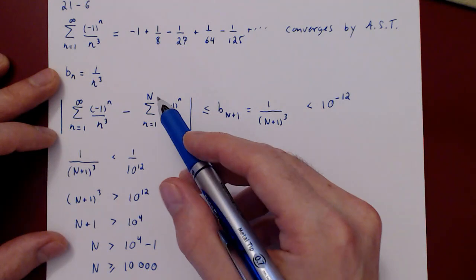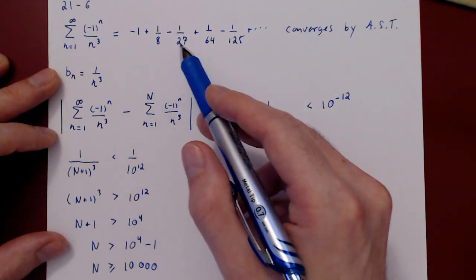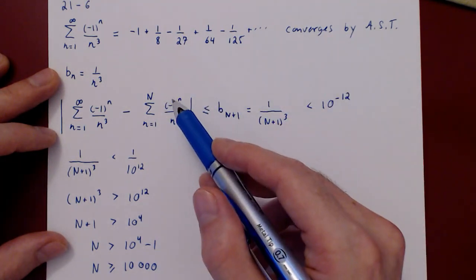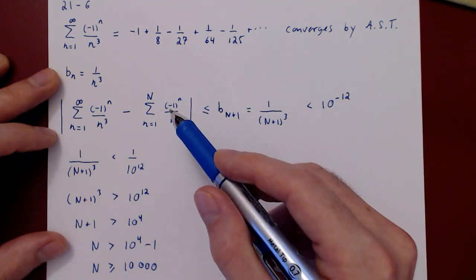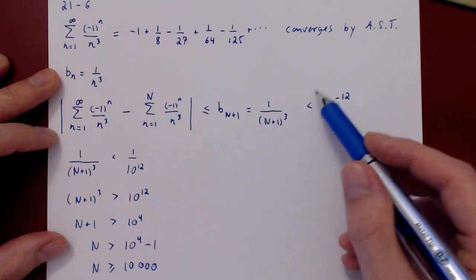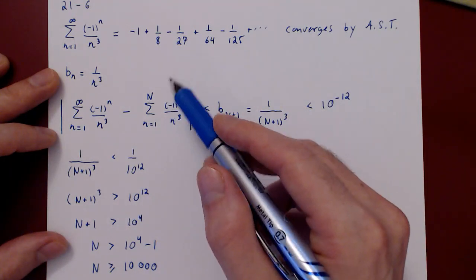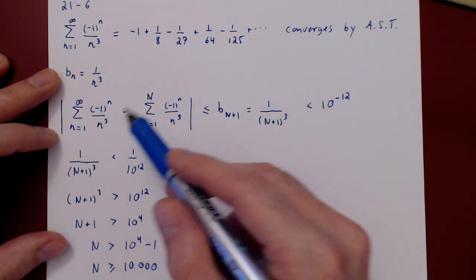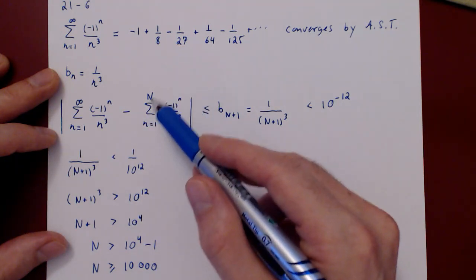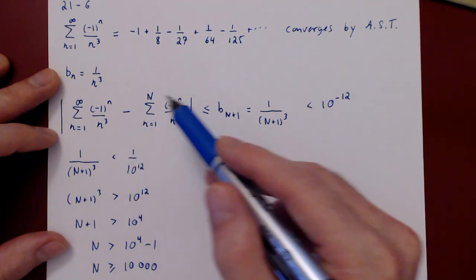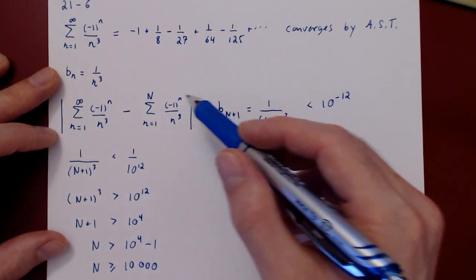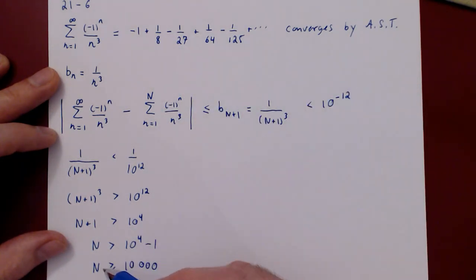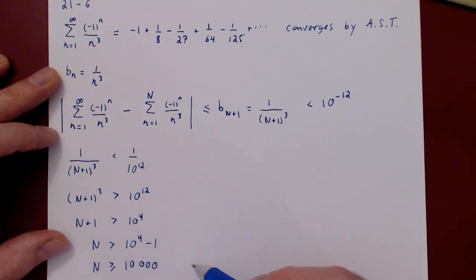If we ask how many terms of this series must we sum so that our approximation is accurate with this error bound. So if we want the error of our approximation, the difference between the approximate value and the exact value, to be smaller than 10 to the negative 12, well, in this particular case, we have to sum at least the first 10,000 terms.